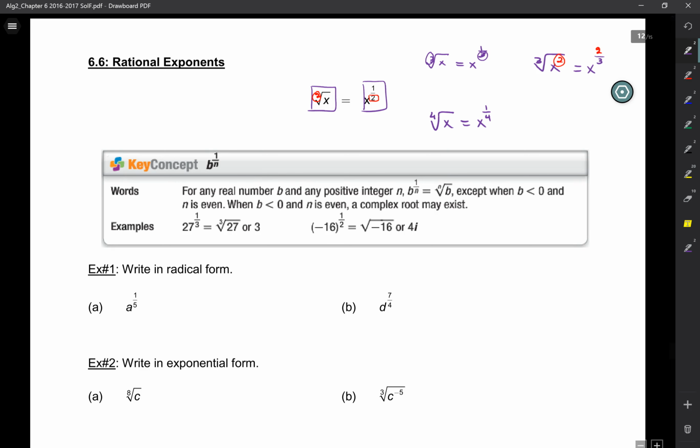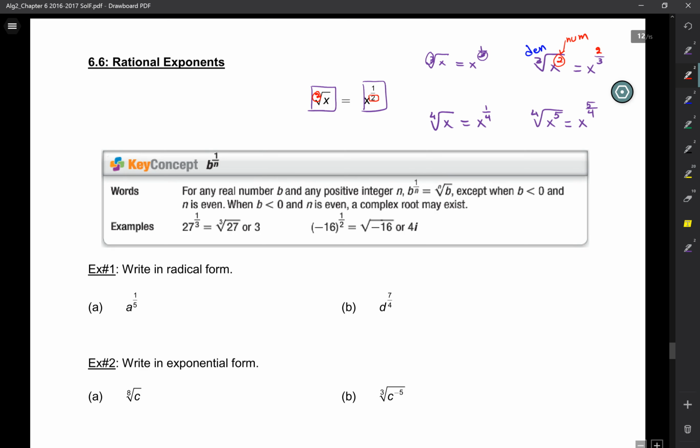So suppose I had 4th root of x to the 5. What would that be? X to the power of what over what? 5/4. All right? So always remember that the index becomes the denominator and the power becomes the numerator. All right. Questions?